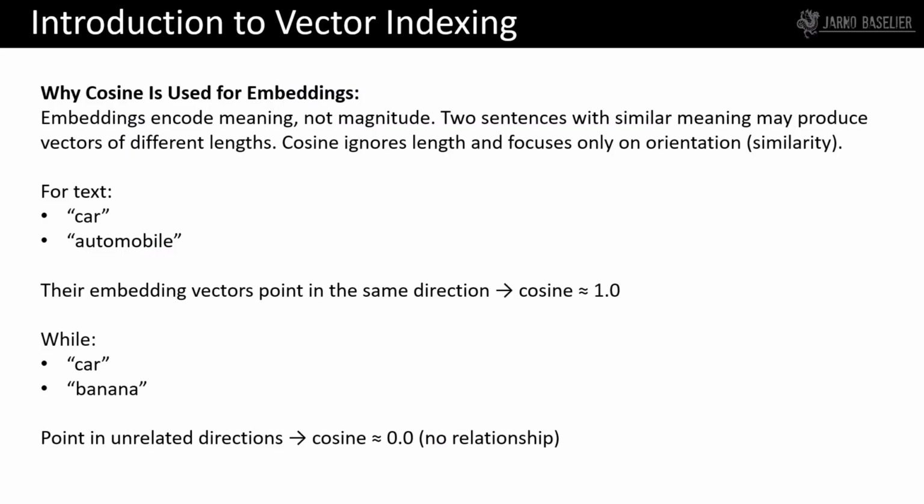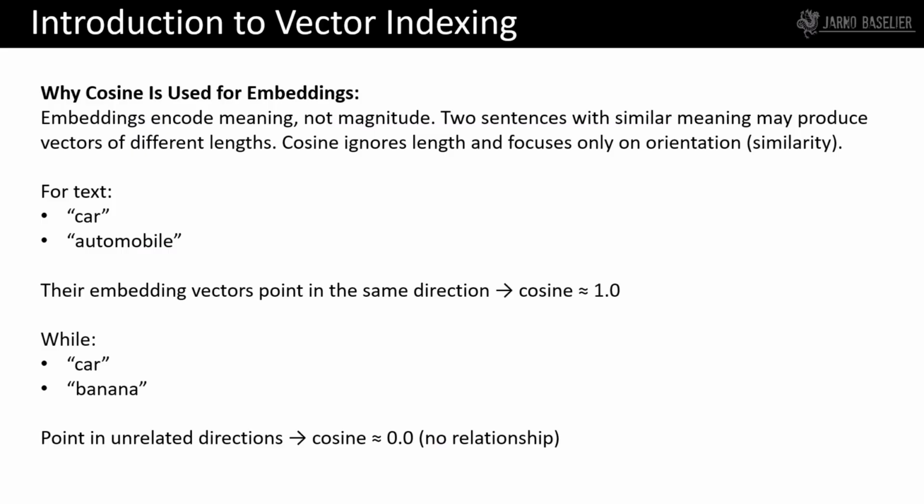Why is cosine used for embeddings? Well, embeddings encode meaning and not magnitude. Two sentences with similar meaning may produce vectors of different length. Cosine ignores the length and focuses only on the orientation, or the similarity. For text like car and automobile, which basically mean the same, but looking at the words, they are very different, their embedding vectors point in the same direction because they mean the same.